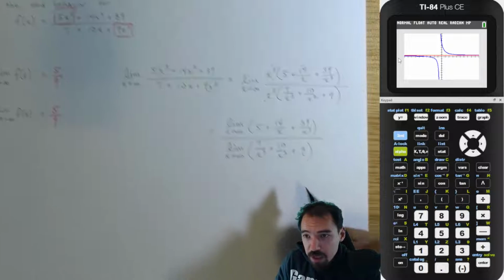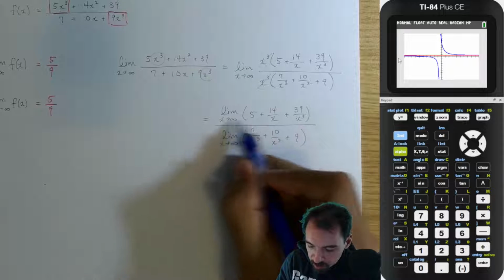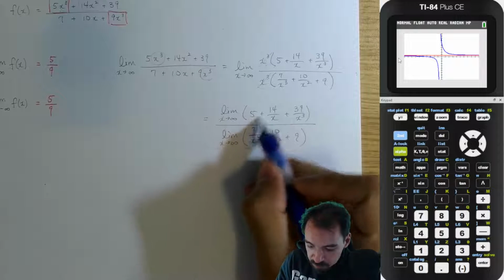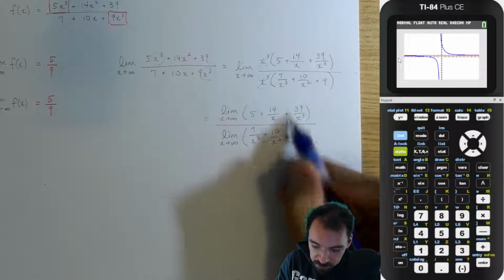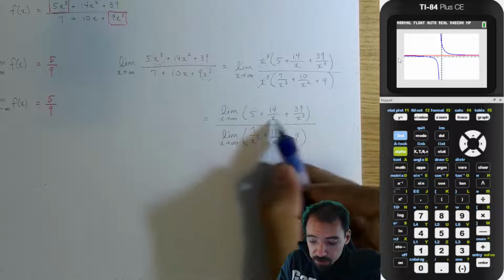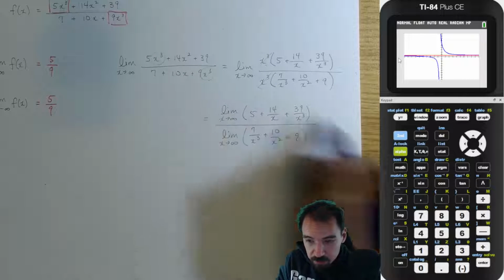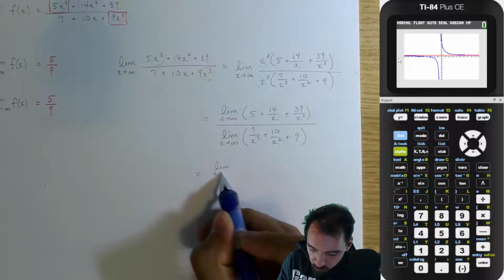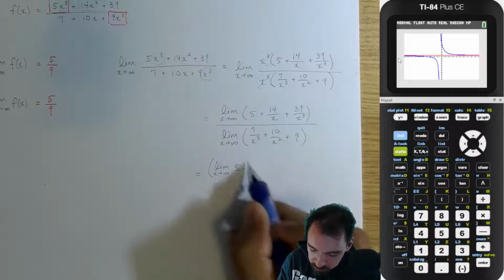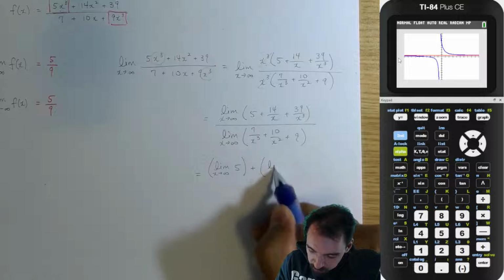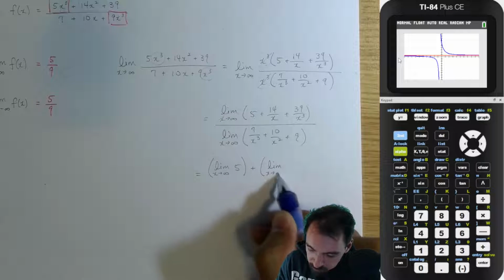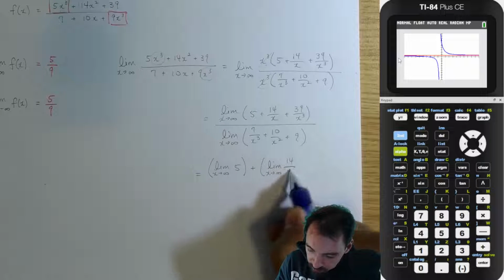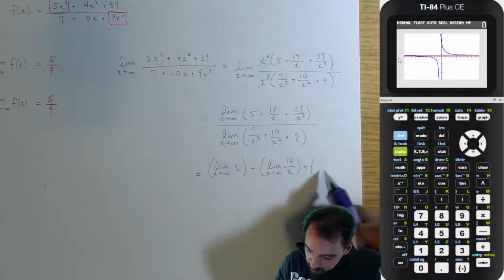Now I can look at each of these and say, if the limit of this exists, if the limit of this exists, and if the limit of this exists, then the limit of the sum I can split into the sum of the individual limits. So being overly technical, I'm going to write this all out. And of course, in the future, we won't write all of these steps. It's fairly accepted that you can skip many of these.